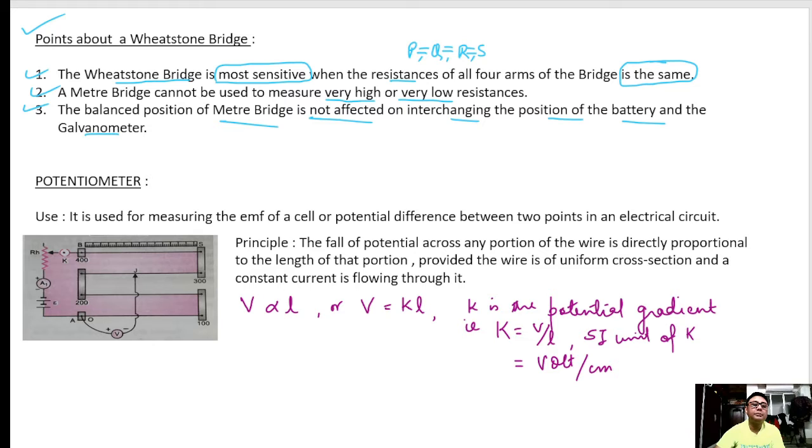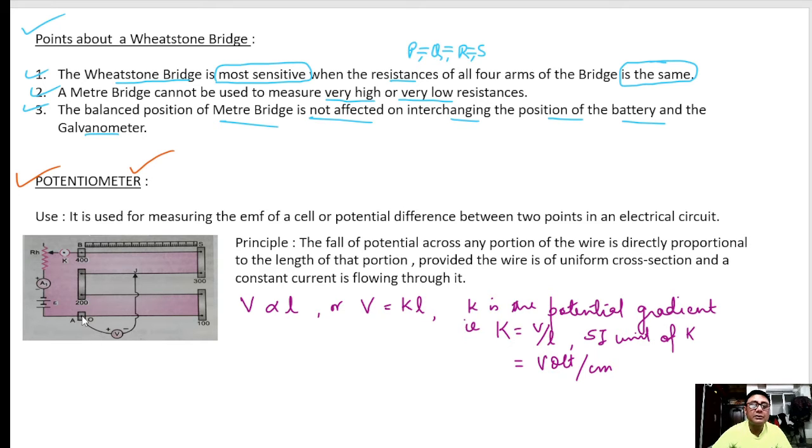Next, let us discuss another important topic, that is called the potentiometer. We have studied the Wheatstone bridge, we have studied the meter bridge, now we will study the potentiometer. So see, this is the potentiometer.